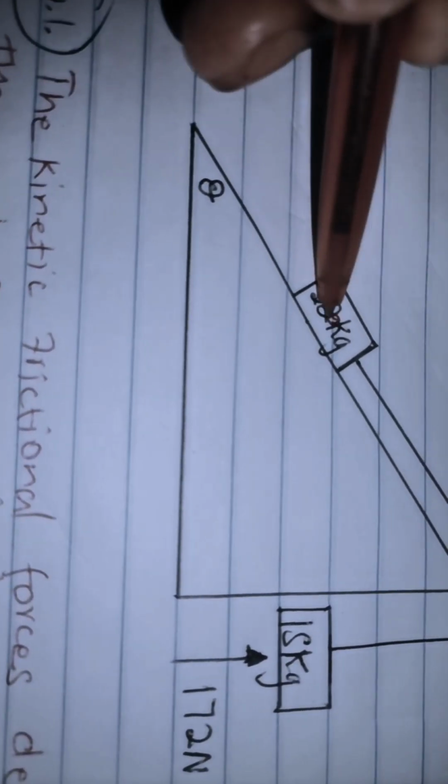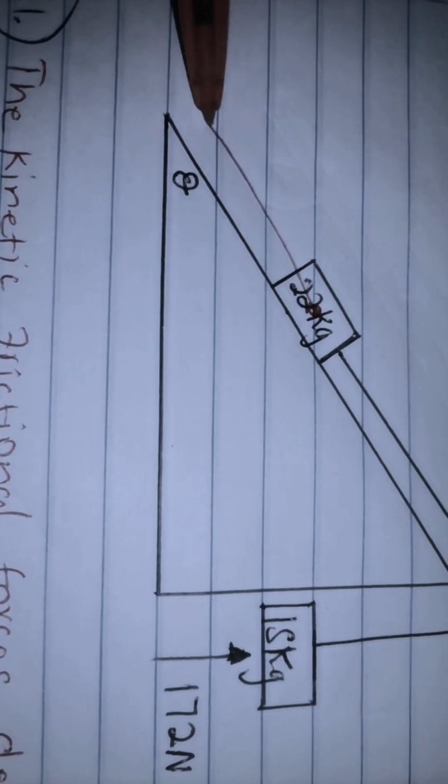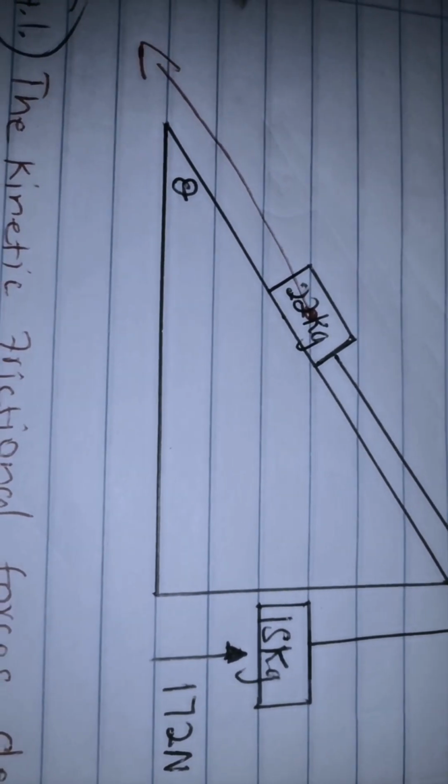Then now I'm coming to the 22 kg block. On the 22 kg block, F net is equal to ma. So what are the forces acting on the 22 kg block? Remember, our block is going downwards. Sorry for throwing this badly, guys.